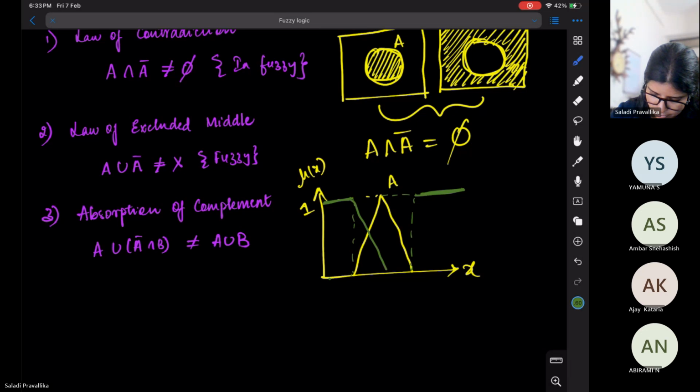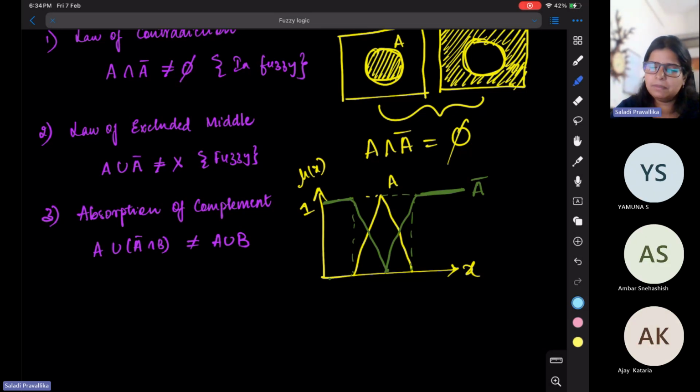So similarly, this is going to be the complement. Now we want to know the intersection between A and A complement of the fuzzy sets. As we have discussed earlier, if we take the intersection between two fuzzy sets, it is going to be the minimum membership function value. So here, it's all of this part, then this part, then this part.